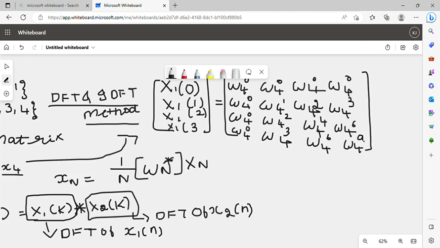This matrix into x1, students, x1: x1 of 0, x1 of 1, x1 of 2, and x1 of 3, right?